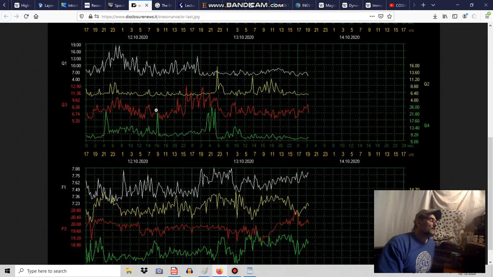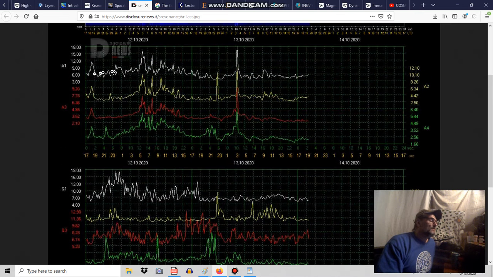Okay, that's quality. And you have the four modes. Amplitude mode 1, A1, is the tallest of the tall waves. Then you have second, then third, then fourth.